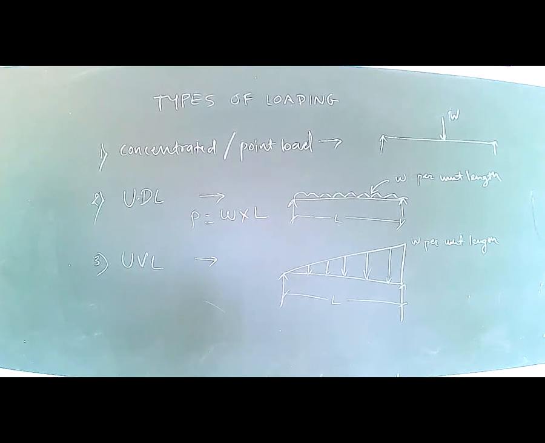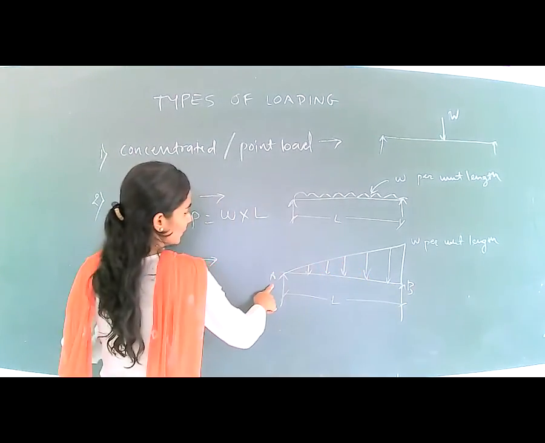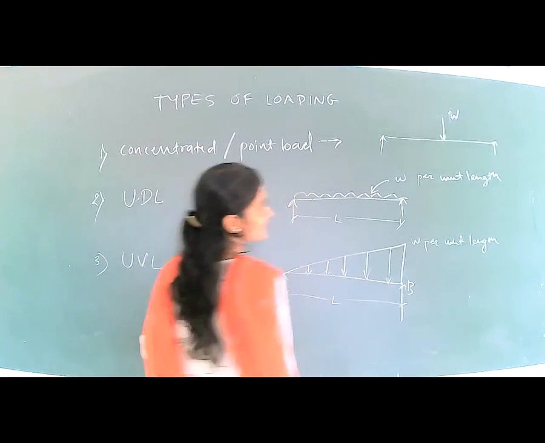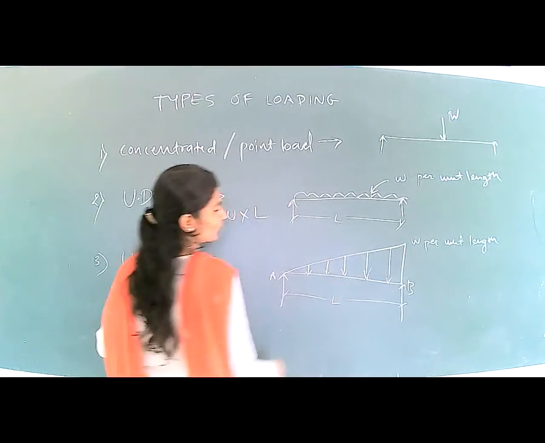It acts at the centre of loading, that is L by 2. Now, uniformly varying load: the intensity of loading increases or decreases at a constant rate. You can see here from point A to point B it is varying, from decreasing to increasing load.